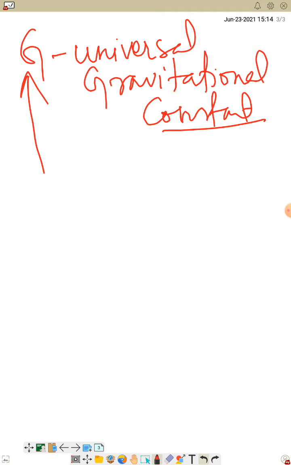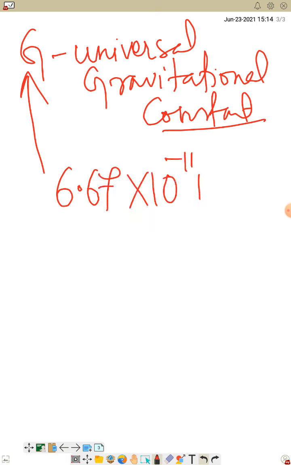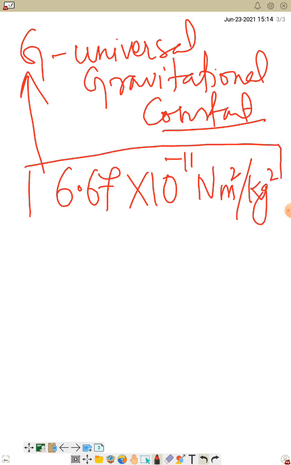The numerical value of G is 6.67 into 10 to the power minus 11 Newton meter square per kilogram square. So you need to know this, mark this. It's an important one. I may ask you in the test or in the exam. So this is your gravitation, and gravitational constant.